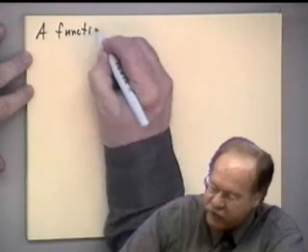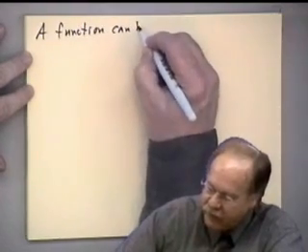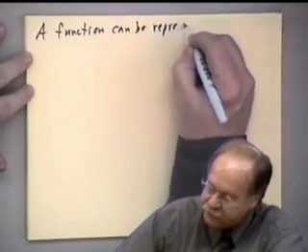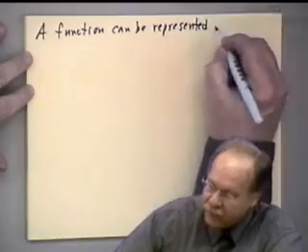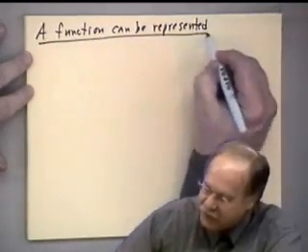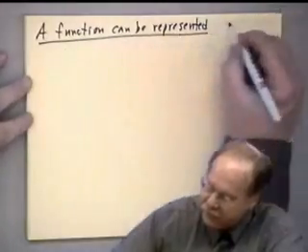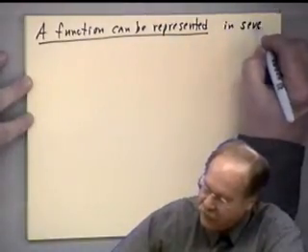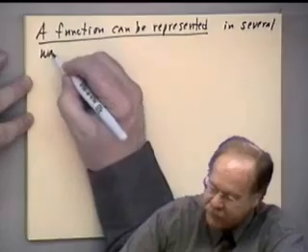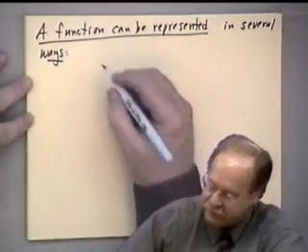Now, functions can be given to you in several different ways. A function can be represented, and represented can mean described or visualized in several different forms. And here are some of them that you'll see often in practice.